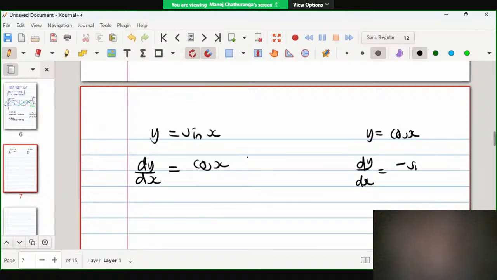It is minus sine x. This sign change is really important. Minus sine x. So you need to make sure to memorize this pretty clearly. For sine, just cosine x. For cosine, it is minus sine x.